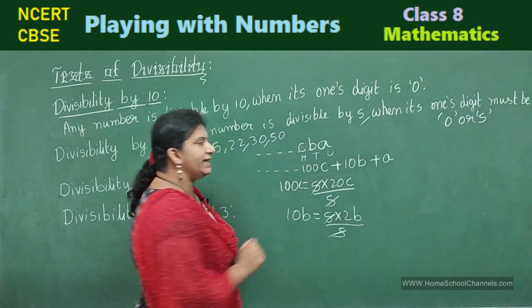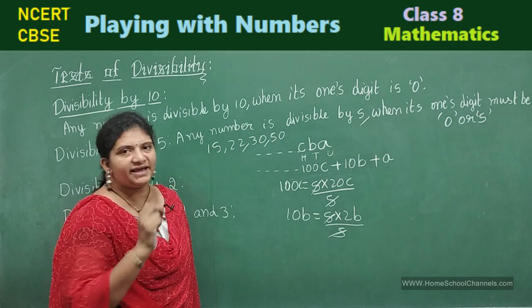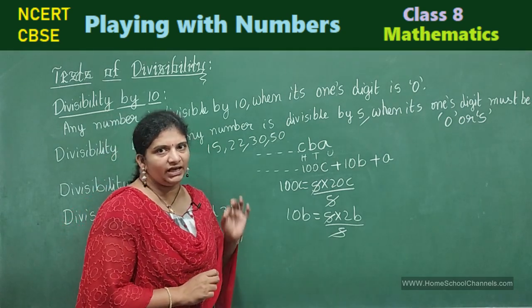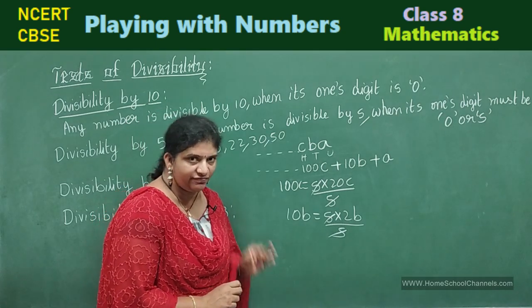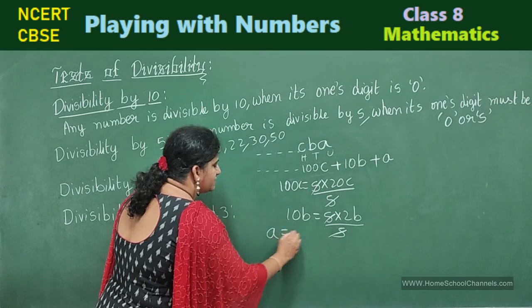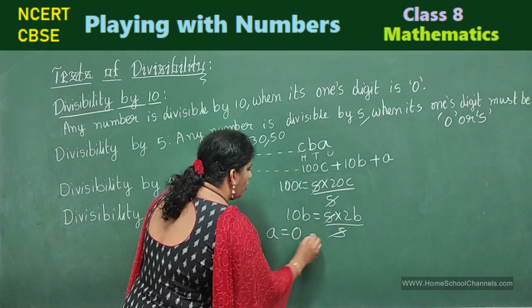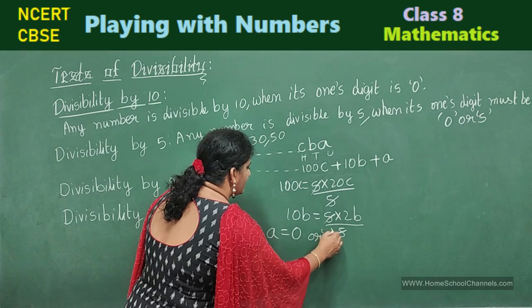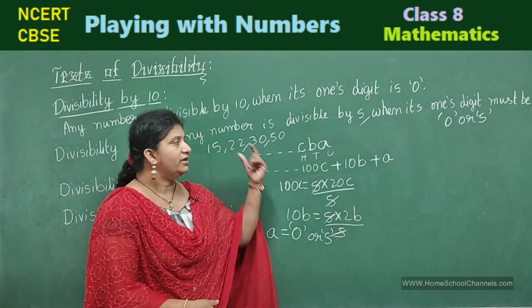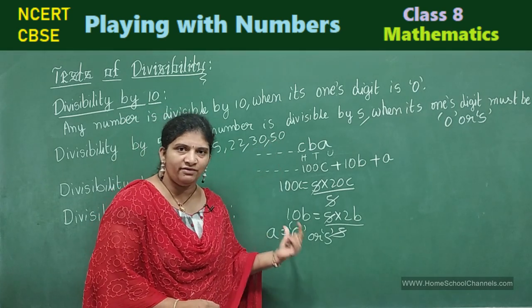And coming to A, the ones place. We need to observe the ones place. If the given number is divisible by 5, then A must be either 0 or 5. If the ones digit is either 0 or 5 only, then the number will be divisible by 5.